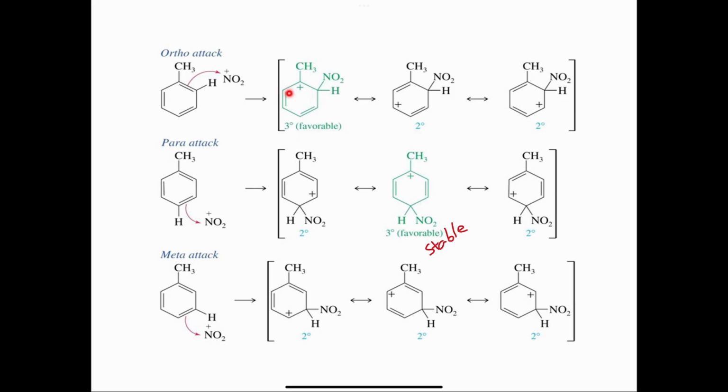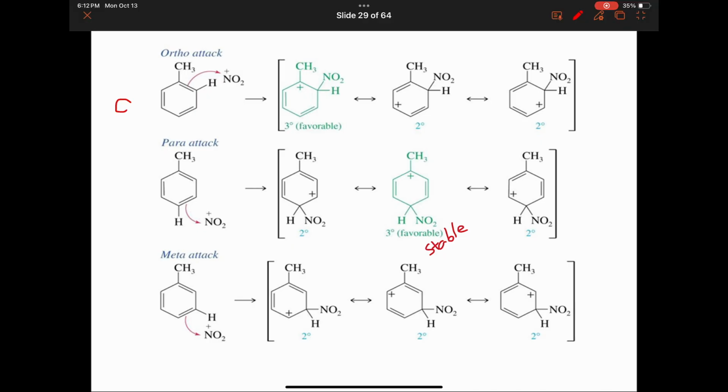In addition to this, you have different types of carbocations. You have your tertiary carbocation that is attached to 3 other alkyl groups. You have your secondary, where it's attached to 2 other alkyl groups. And lastly, you have your primary carbocation attached to 1 or no other alkyl groups.